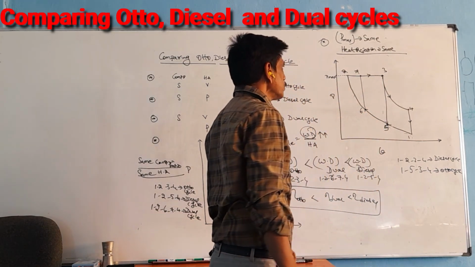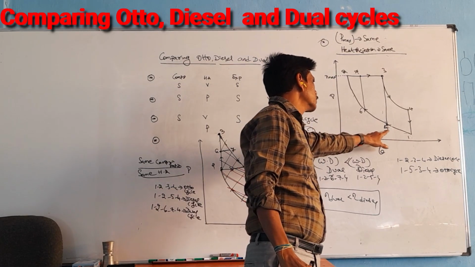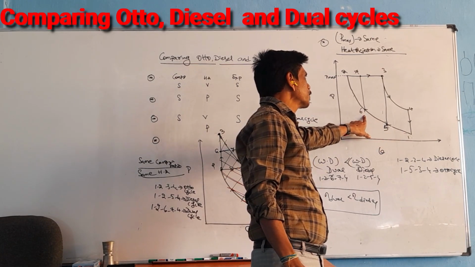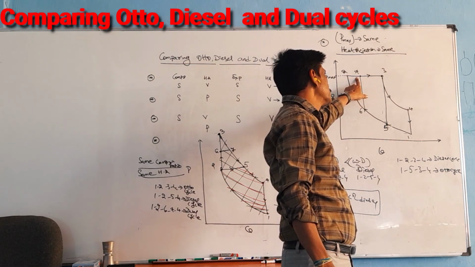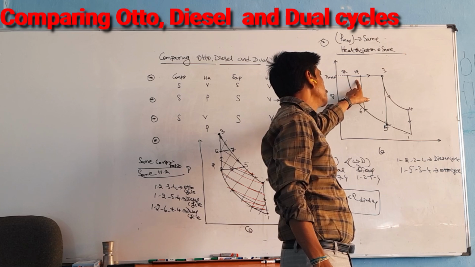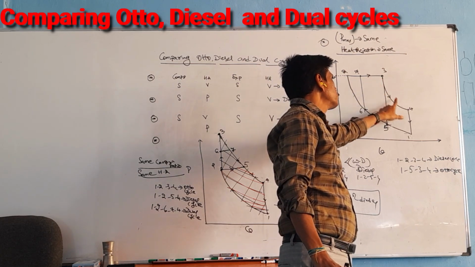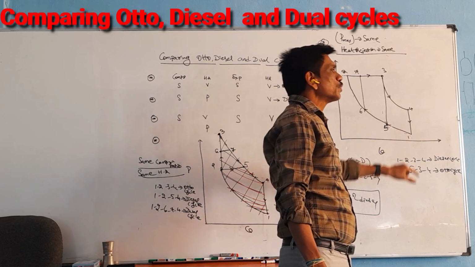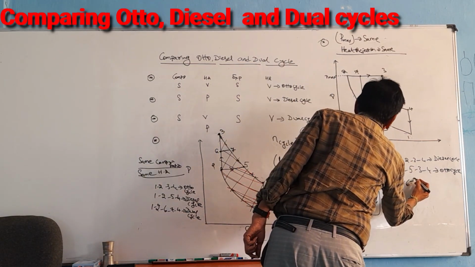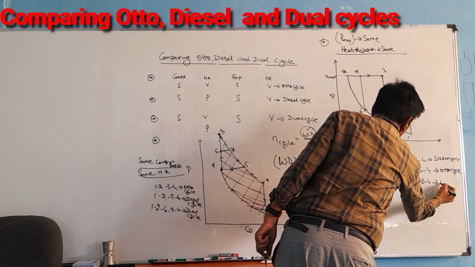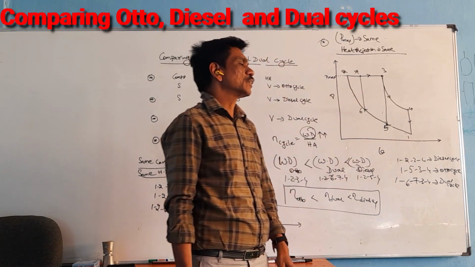Please see the process in the third cycle. 1 to 6 is the isentropic compression. 6 to 7 is the constant volume heat addition. 7 to 3 is the constant pressure heat addition, the combination. 3 to 4 is the expansion and 4 to 1 is the heat rejection. So the cycle 1, 6, 7, 3, 4 forms the dual cycle.